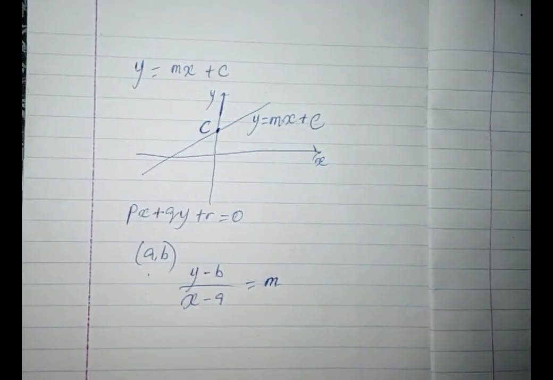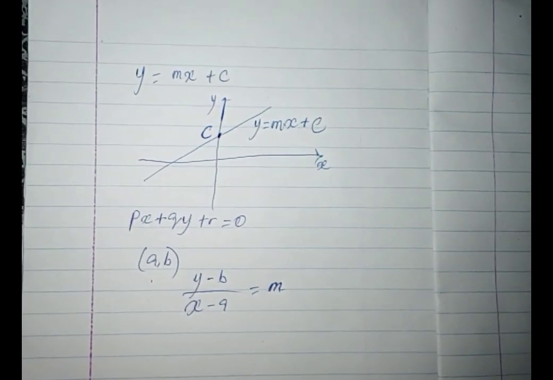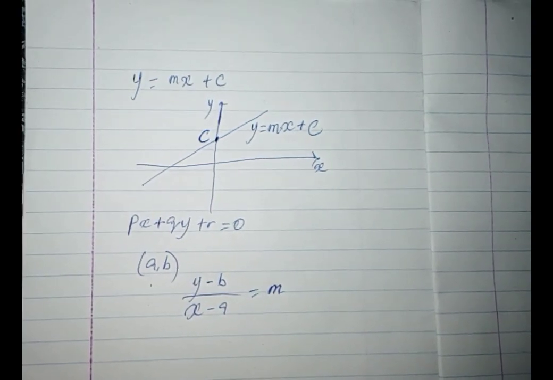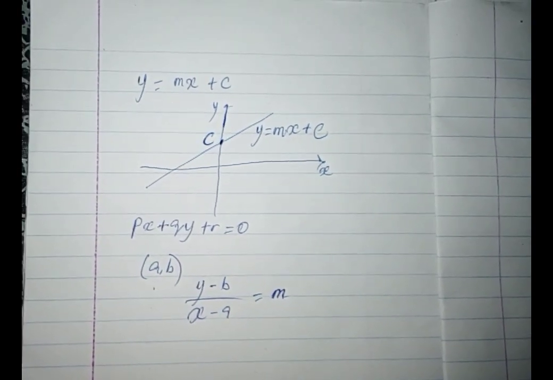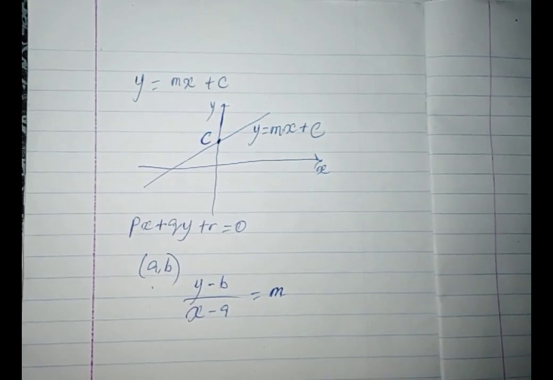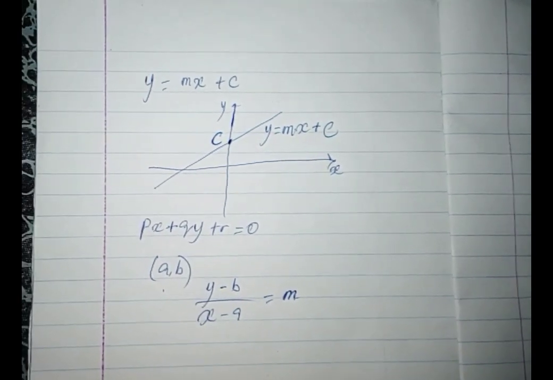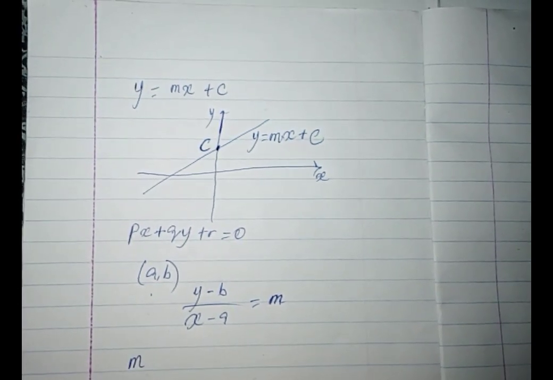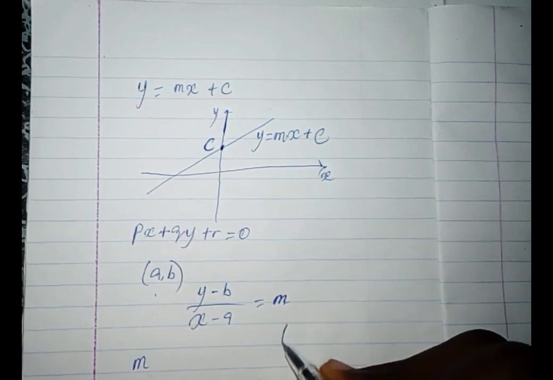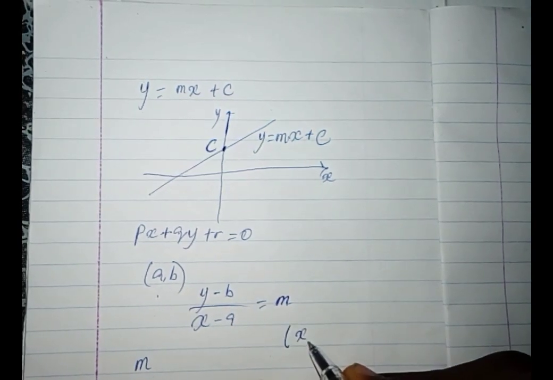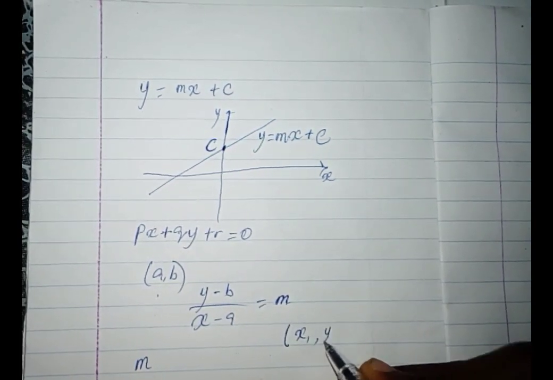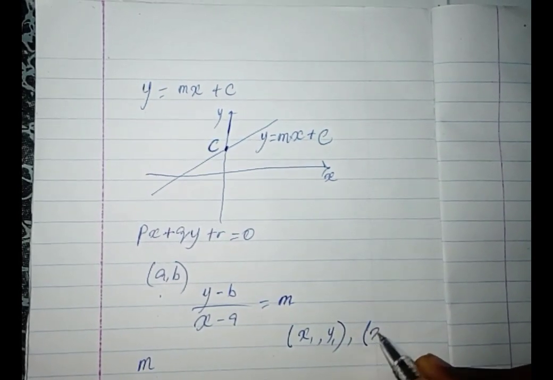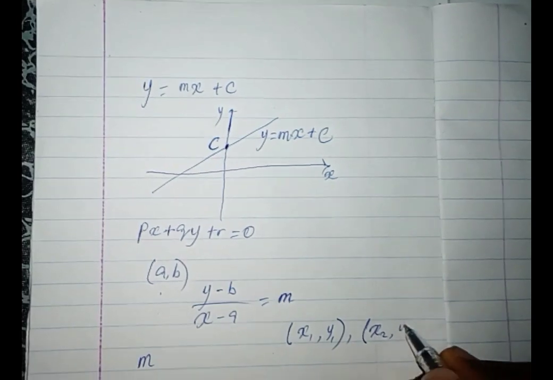So from this, how can we find the gradient of a line when 2 points of the line are given? Assuming we are to find m, where 2 points are given, this is (x1, y1) and (x2, y2).